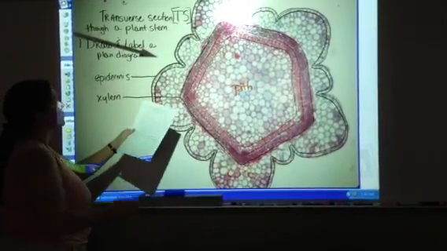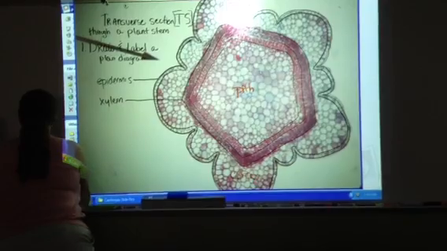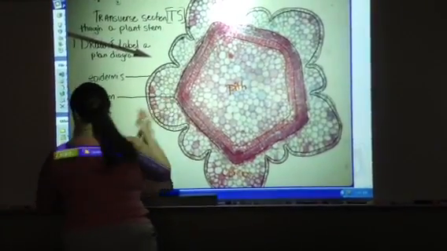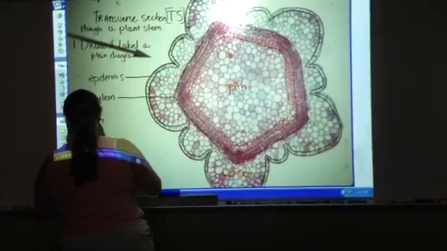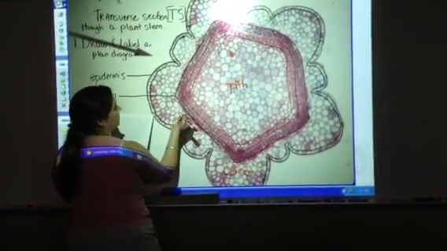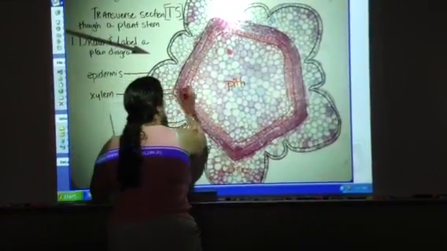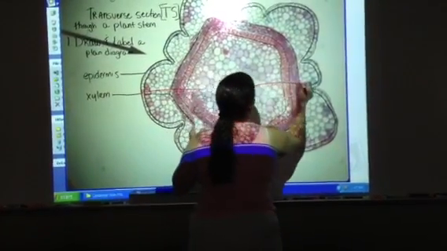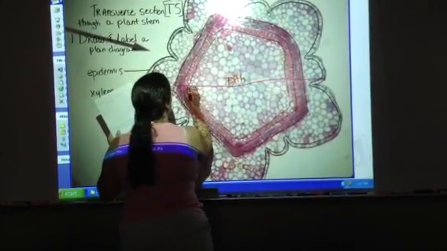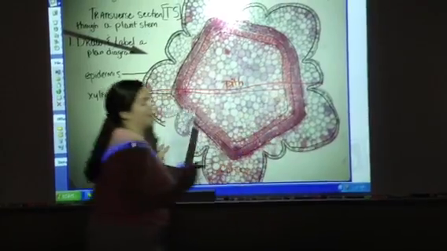So you can calculate the ratio of the total diameter of the stem to the diameter of the central pith. So you're going to be wanting to measure this to that.